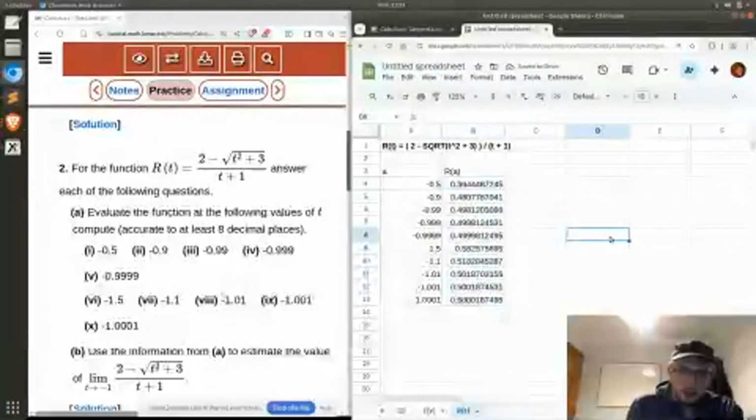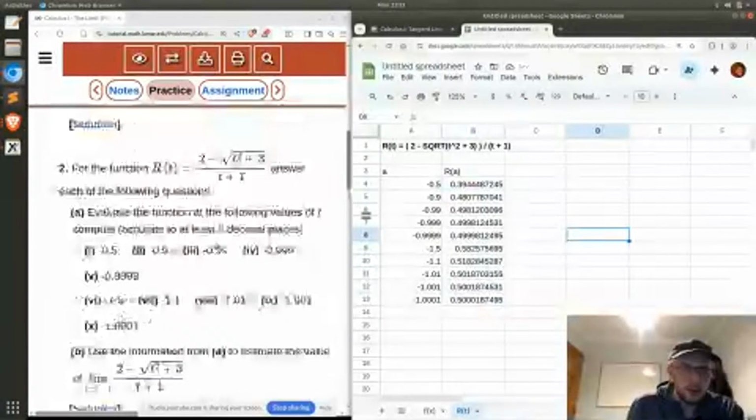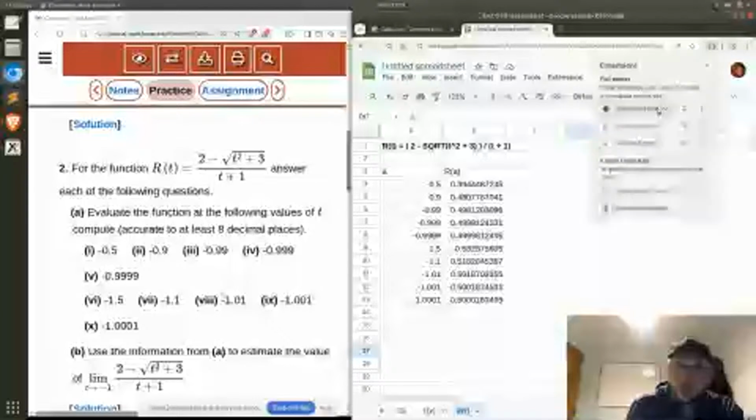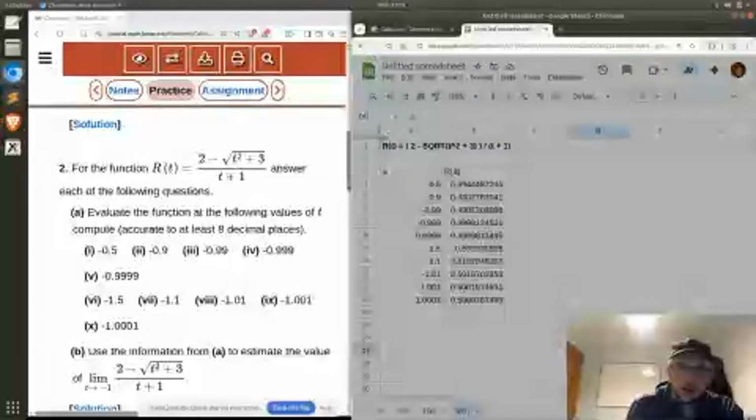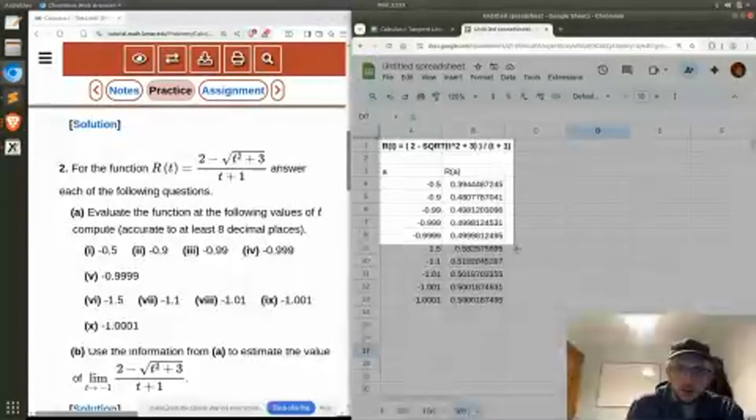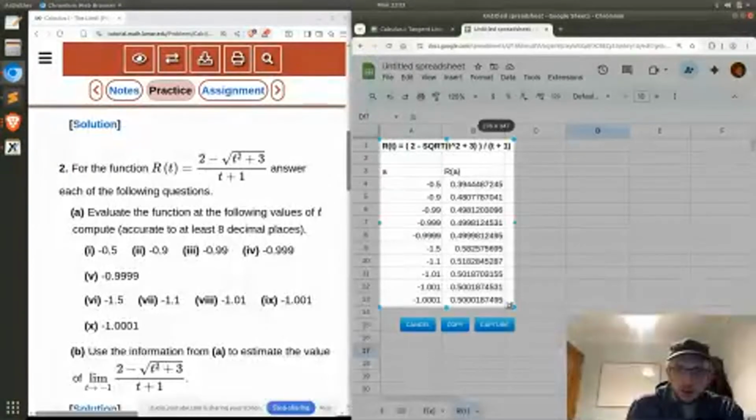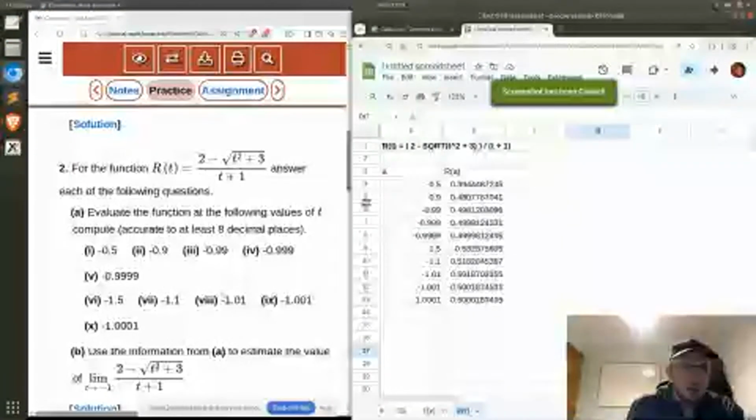Now, so we estimate that as it approaches -1 from both sides, it tends to the limit of 0.5.